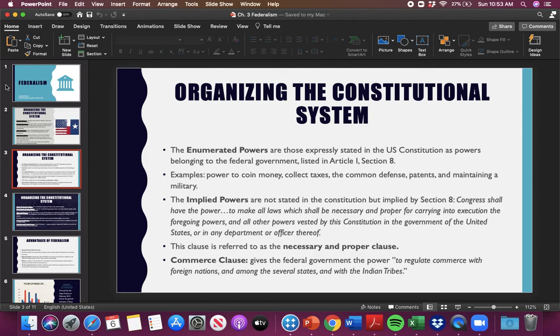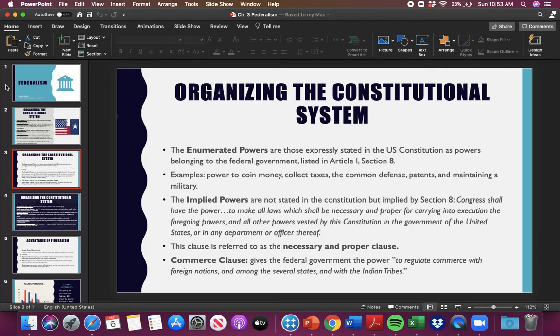So, let's look at collecting taxes. The federal government, the Congress, does not have the time to collect our taxes. So what they did is they created an agency. They created the IRS, which is probably the most hated agency in government. But the IRS, the Internal Revenue Service, they are the agency that is responsible for collecting our taxes.